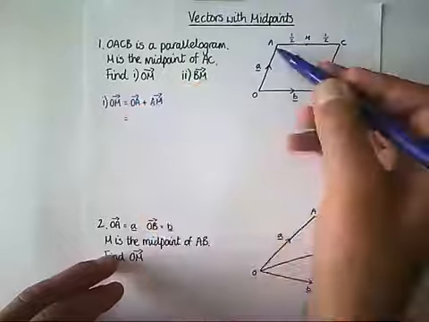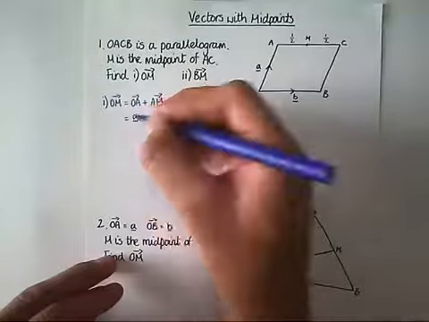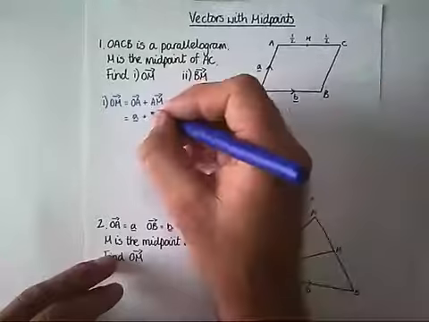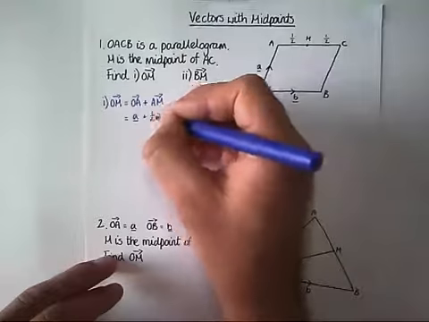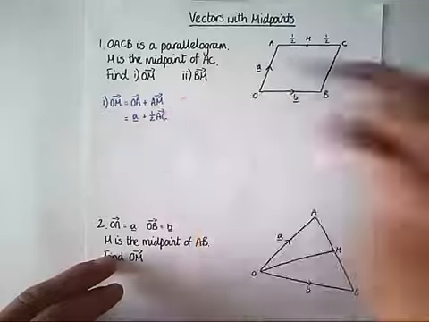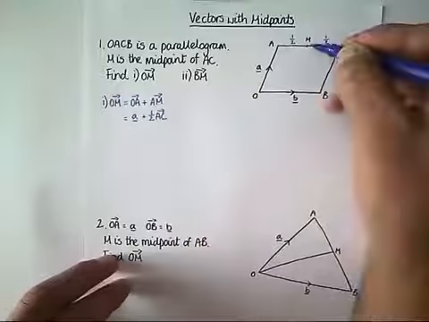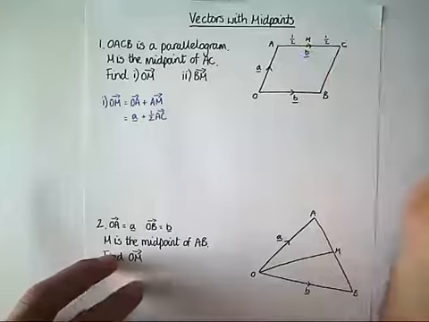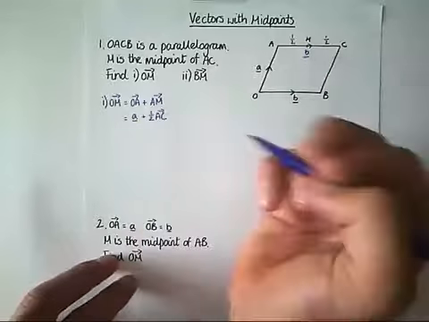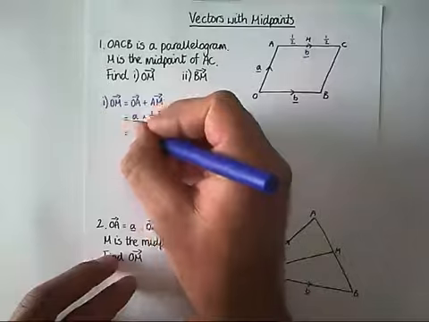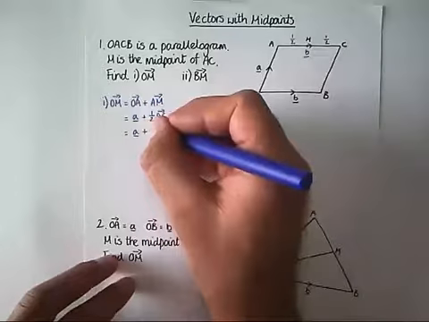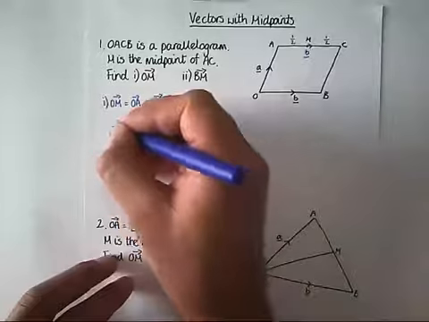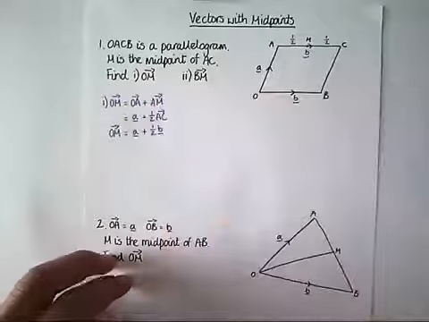We know that's the vector a. And A to M is going to be half of what A to C is. We said that in a parallelogram, the opposite sides are equal, so the vector of that whole length is b. So half of that is going to be half b. So we're going to get a plus half b, and that's our vector of O to M.